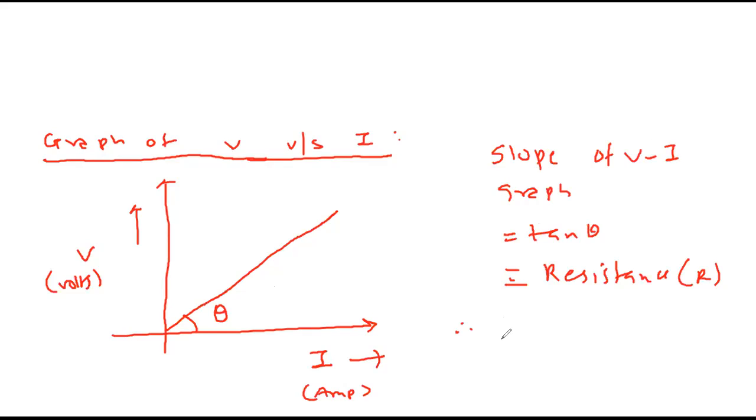What will 1 upon R be called? Conductance. So if they give an I versus V graph, then the slope will become conductance and its reciprocal will become resistance. For a VI graph, the slope is resistance and its reciprocal is conductance. Okay, please copy till this.